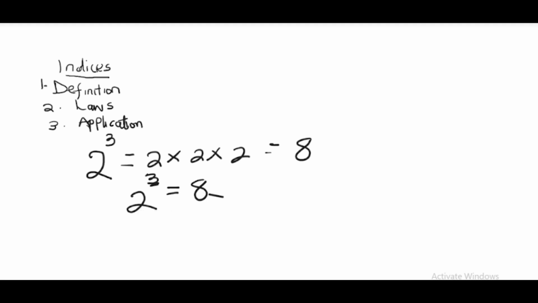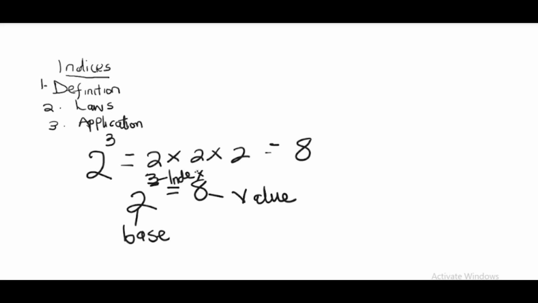So this 8 is a value. This 2 is a base, while this 3 is the index, or the exponent, or the power, as the case may be. Whichever one you call it, you are correct.